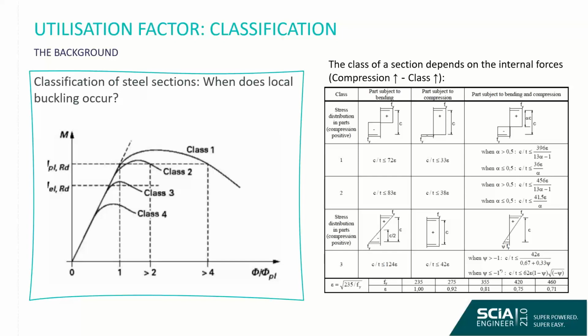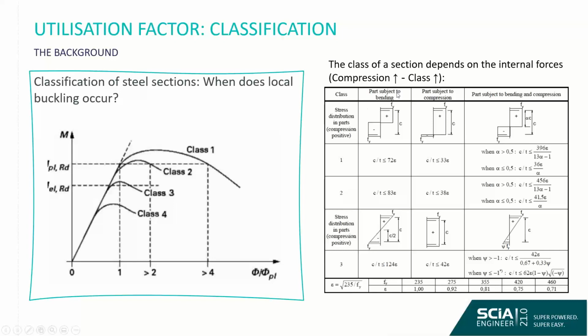Now, to determine when this local buckling is going to occur and therefore in which class we will be, you have some rules for the flanges and for the webs inside the Eurocode. As you can see, they are dependent on the forces inside the section.